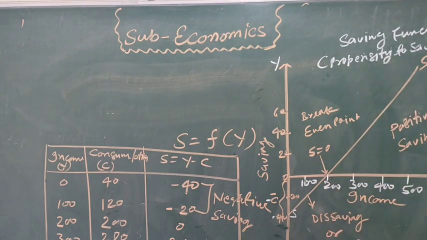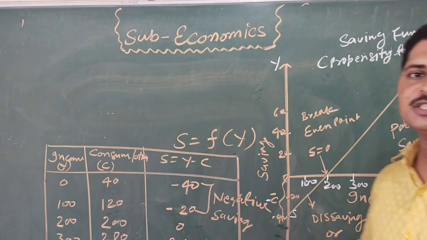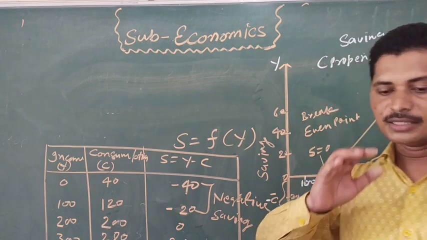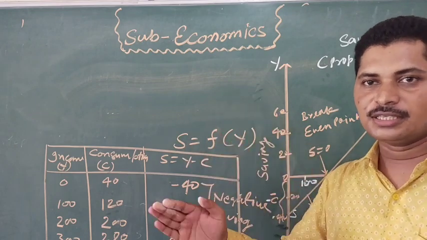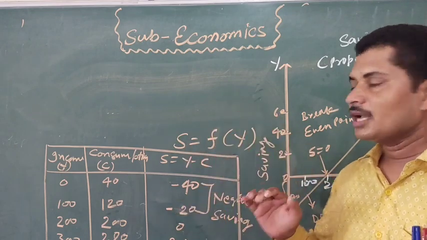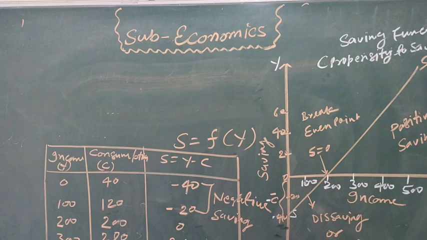And the slope of the saving curve is a positive slope. It means when we increase the level of income, saving also increases. Both have a positive relationship, and the saving curve is an upward slope. Next, positive saving. When income is more than consumption, saving is positive.